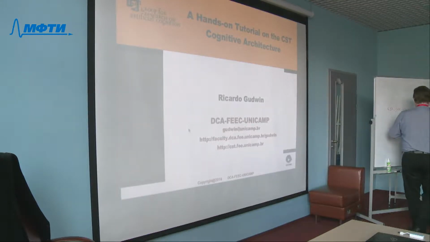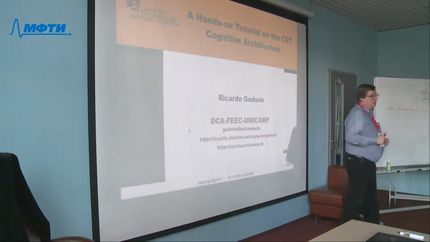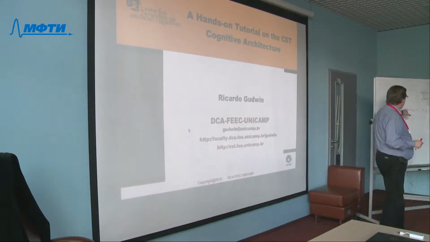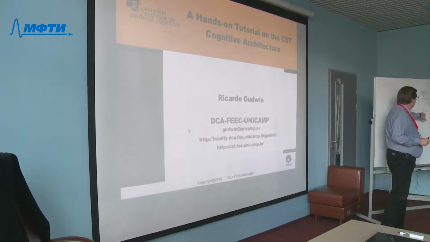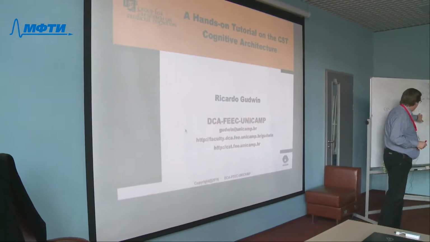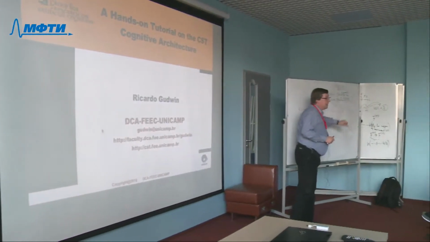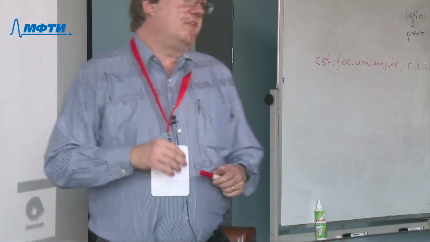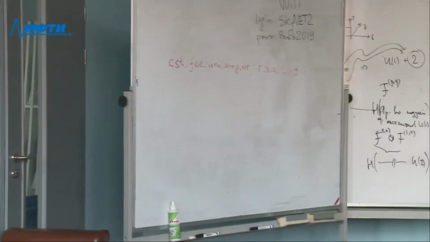Okay, so if you didn't have access to it, it's cst.fee.unicamp.br/RAAI 2019, okay? And in this link, I have the other links for all the software that you need to download.